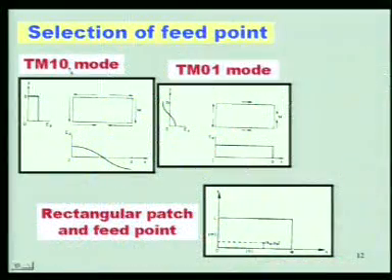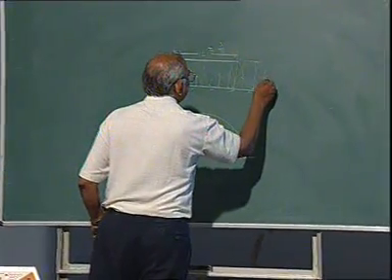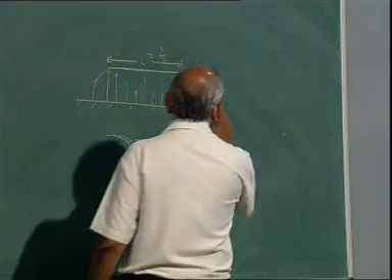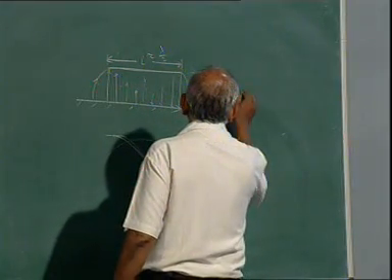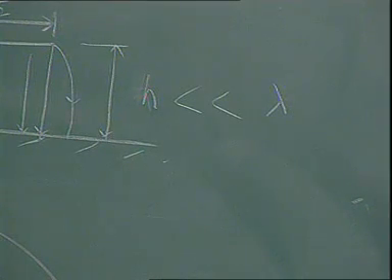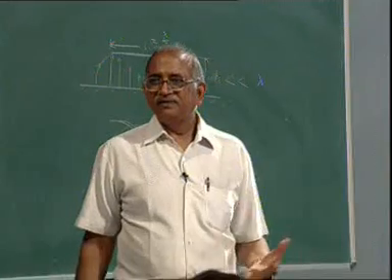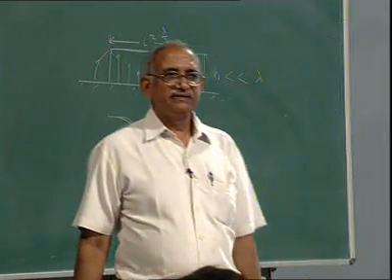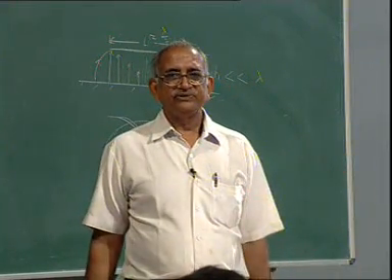You have seen the earlier configuration, that is along this thickness h, substrate thickness. Since this thickness h is much less than wavelength, normally it is very small. We talked about 5 mil, 10 mil, maybe 1/16 inch, that is the order of substrate thickness we use.